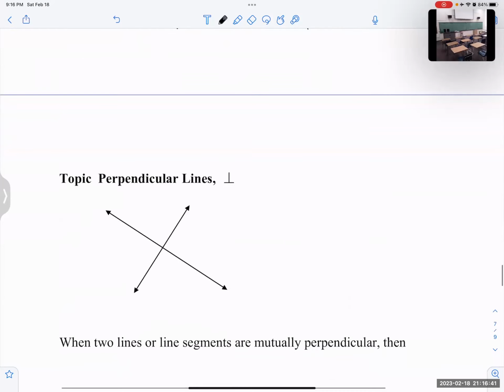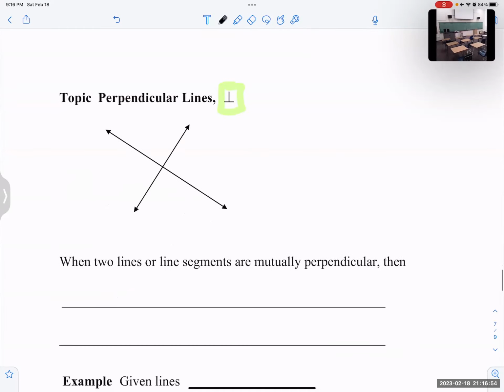Lines or line segments can be mutually perpendicular, and the symbol for perpendicular is an upside down looking T symbol. And to show perpendicularity, or the intersection of lines or segments forming 90-degree right angles, we can use small squares to indicate 90-degree angles.